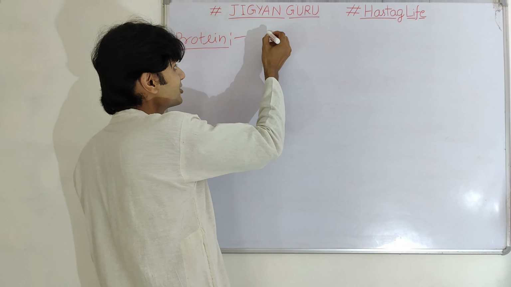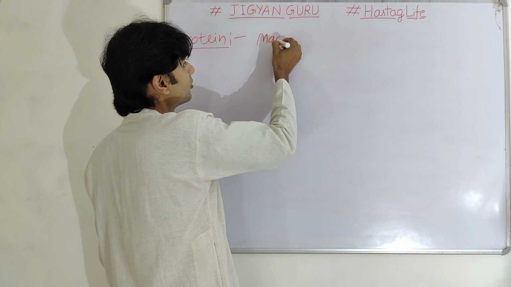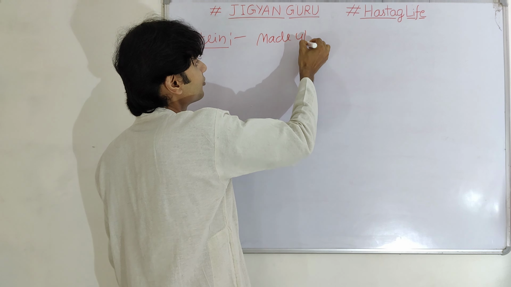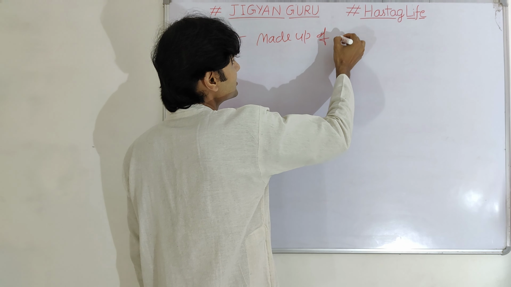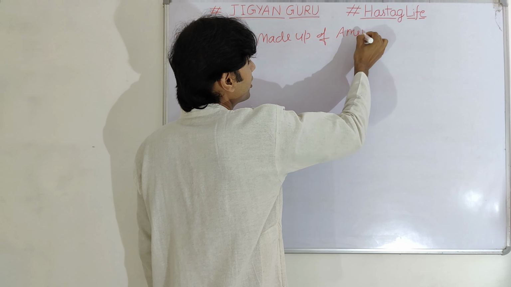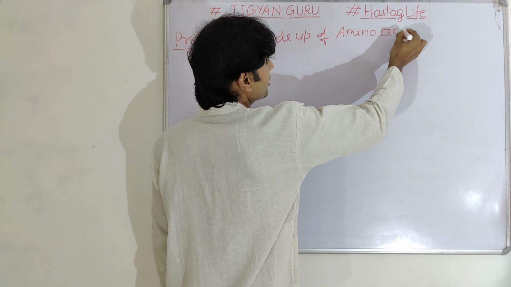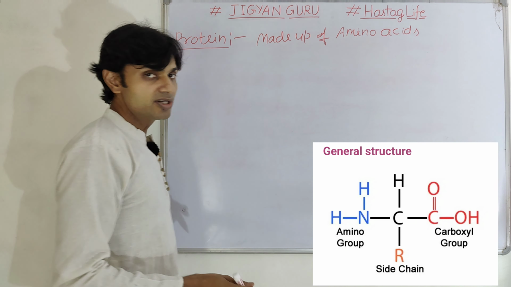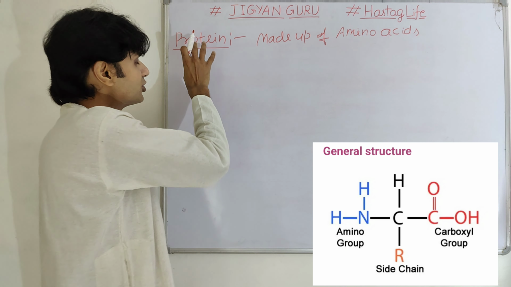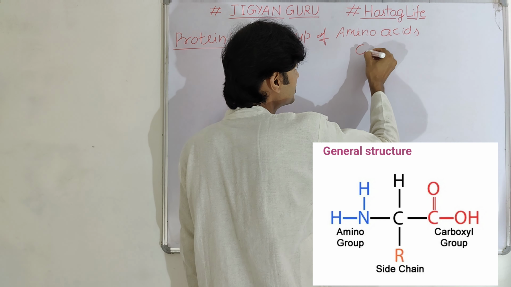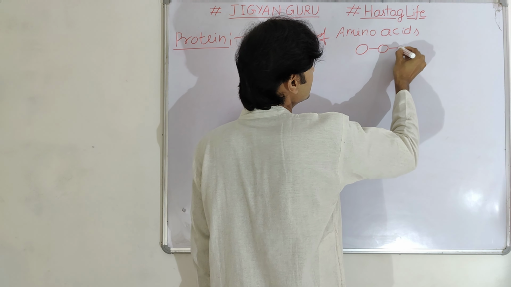So protein is actually made up of amino acids. In a simple sense, when we talk about protein, we first need to talk about amino acids.